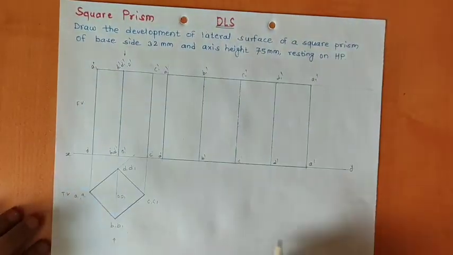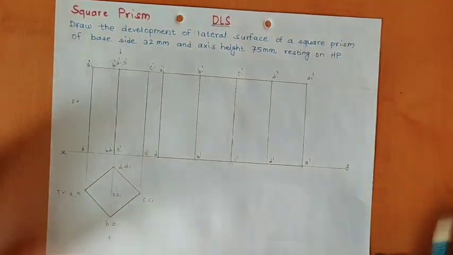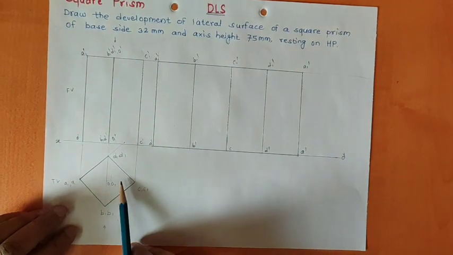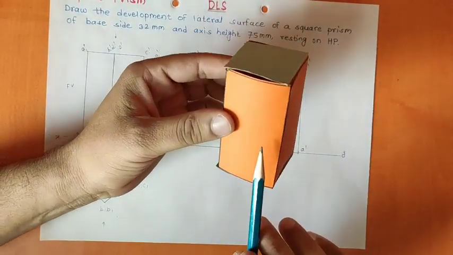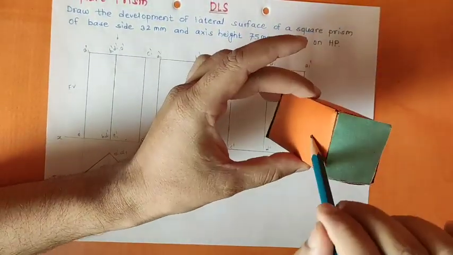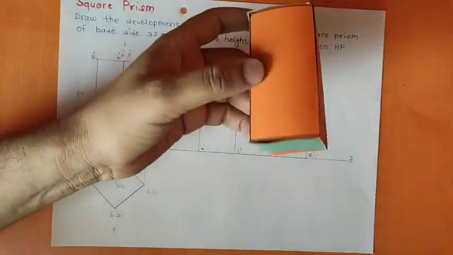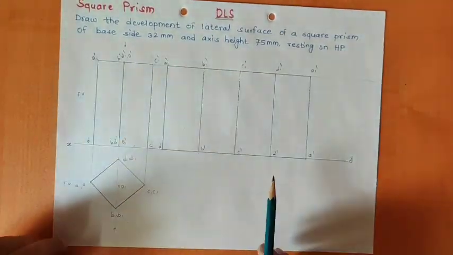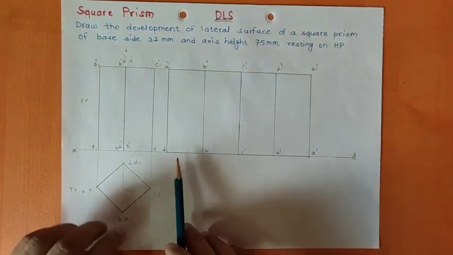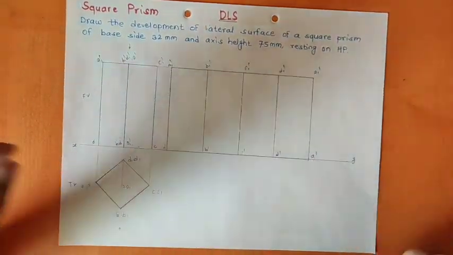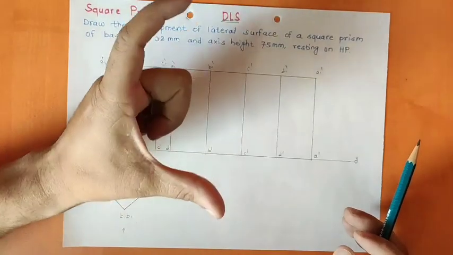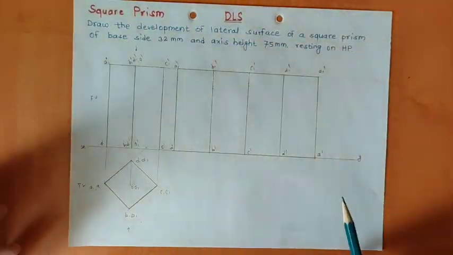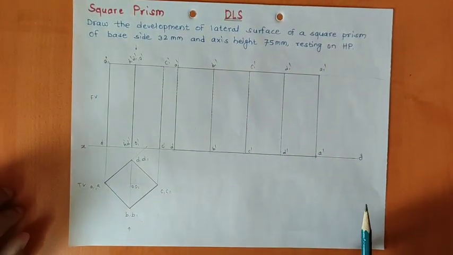As you can see, the parallel line development is over. Since this is a square prism, it has 1, 2, 3 and 4 rectangular surfaces, and these are lateral edges. If you join A dash with A dash, you will get this square prism. This is the development of the lateral surface of the prism.